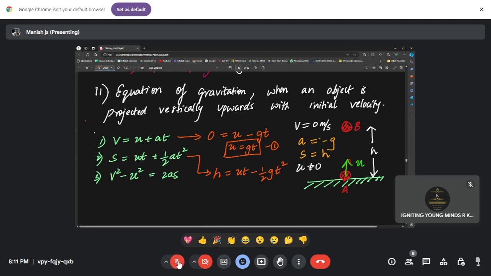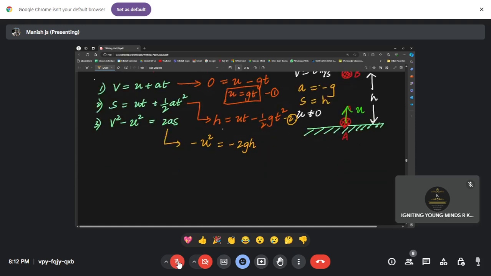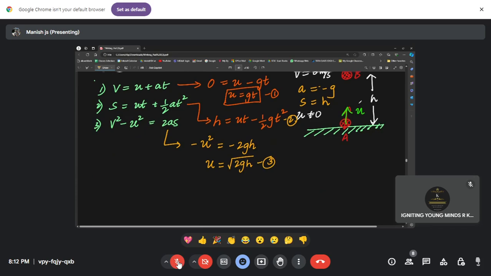That's the second equation of gravitation for this case. And the third one: final velocity is 0, so minus u squared equals minus 2gh. On both sides, you can cancel out the negative terms and get rid of the square by taking root on both sides. You will get u equals under root 2gh. That's the third equation of gravitation for this case.